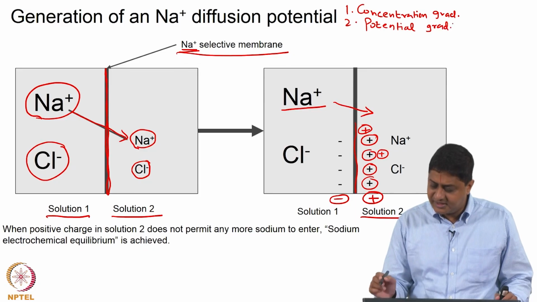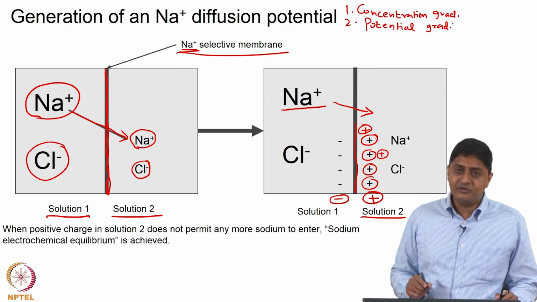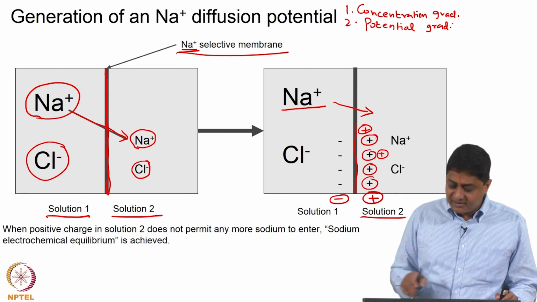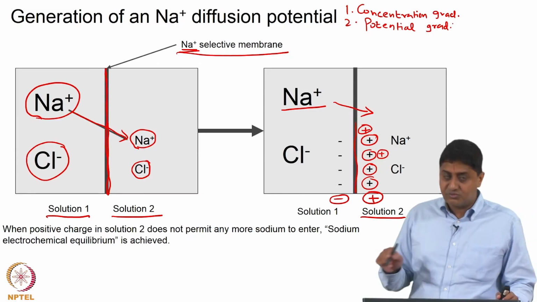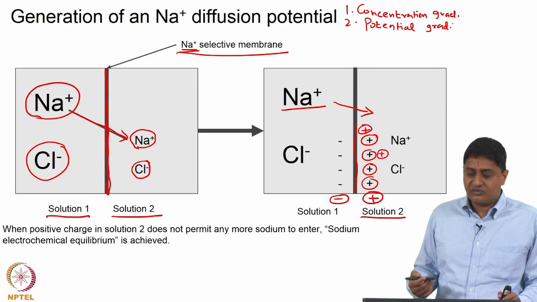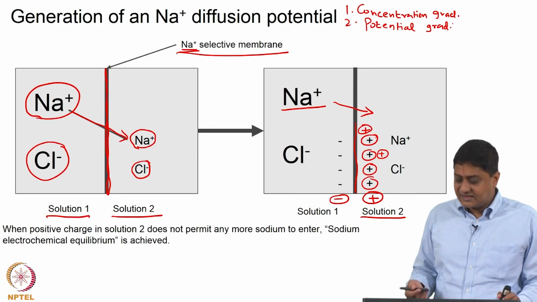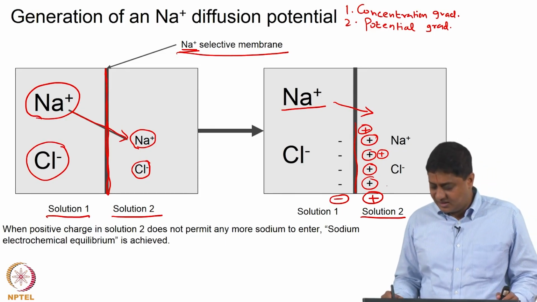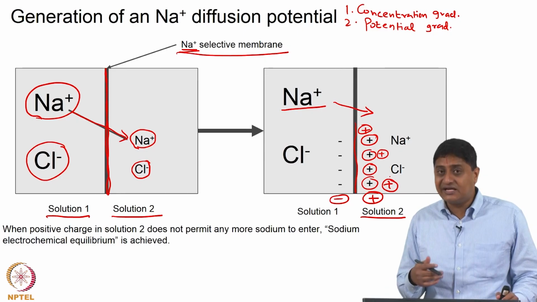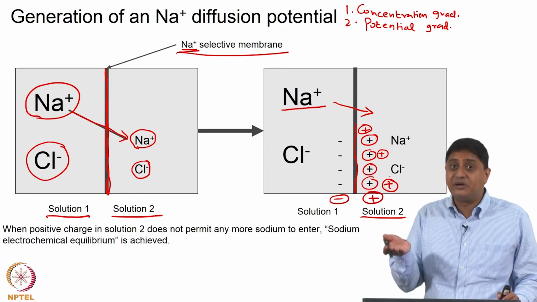Note that the potential gradient itself may be developed due to the movement of ions which happens due to the concentration gradient, but as the sodium continues to move, further addition of sodium is resisted by the positive charge that is present here, and this resistance to further movement of sodium increases as the amount of positivity on the right side builds up.